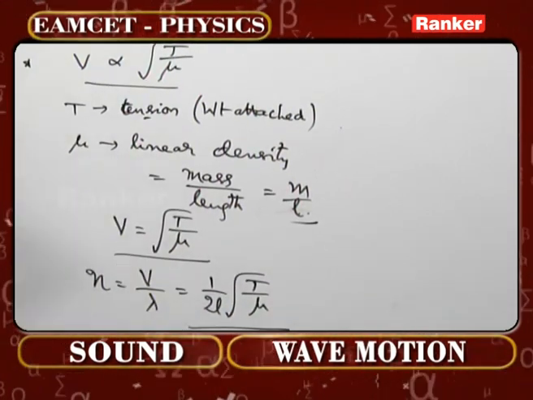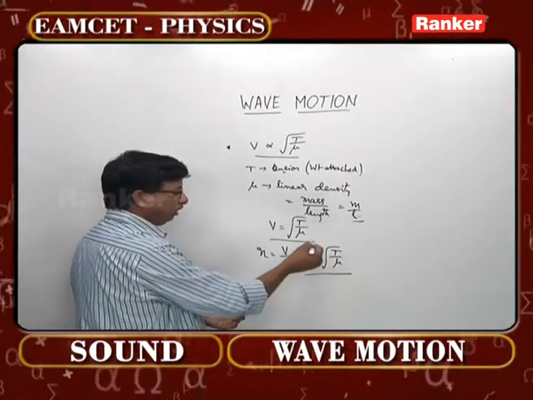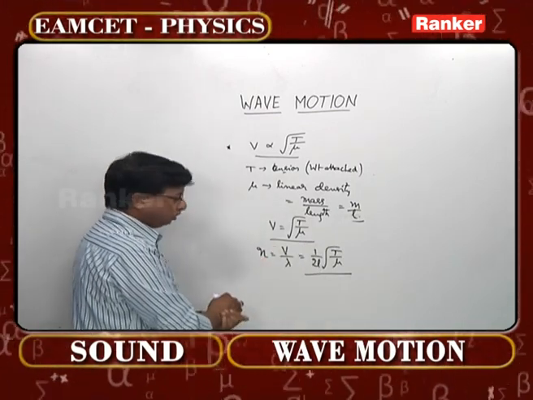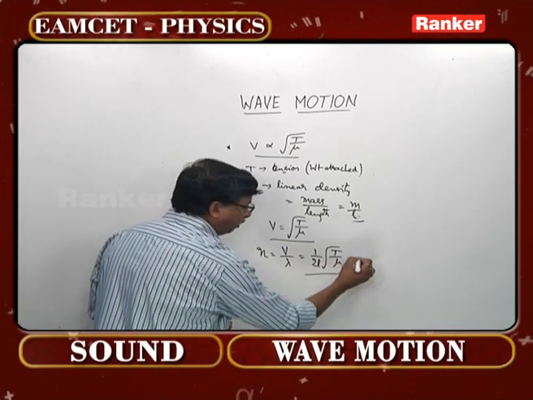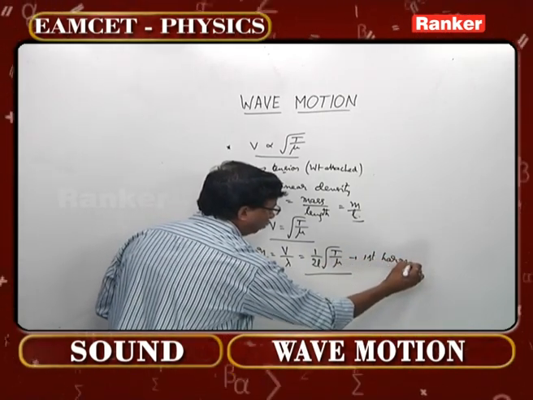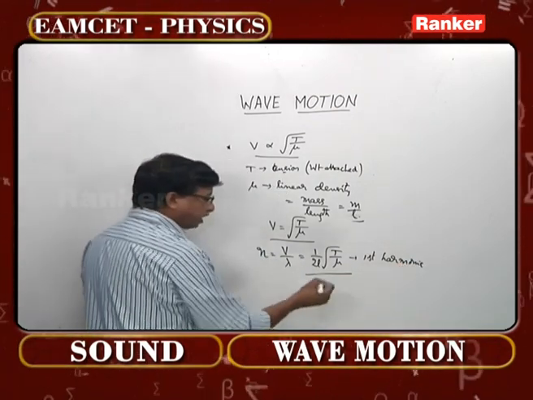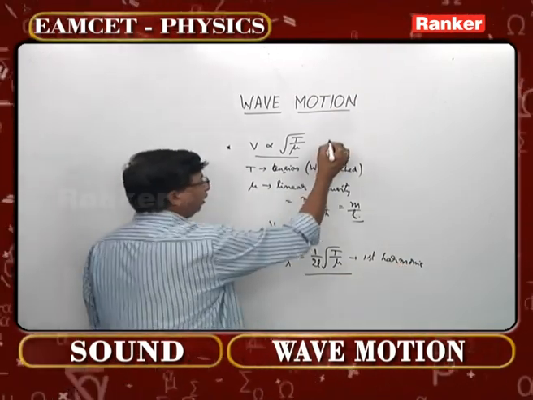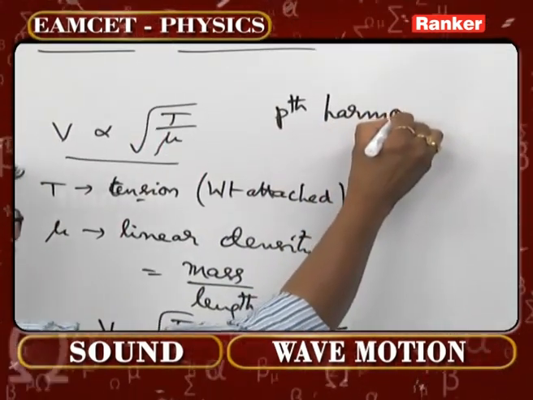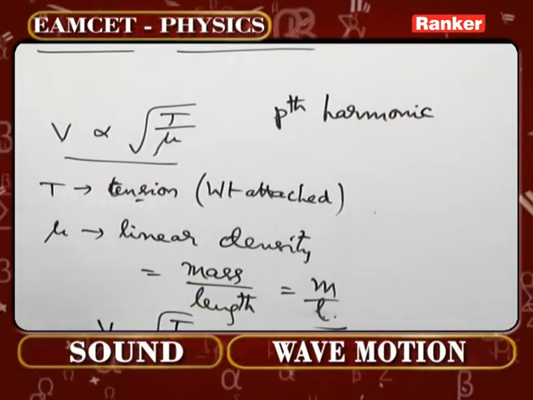This is the formula to be used whenever we take any model question based on sonometer. This is the case when the first harmonic is formed. Suppose the question says nth harmonic or pth harmonic, where P is the number, maybe 7, 8, 9, whatever.